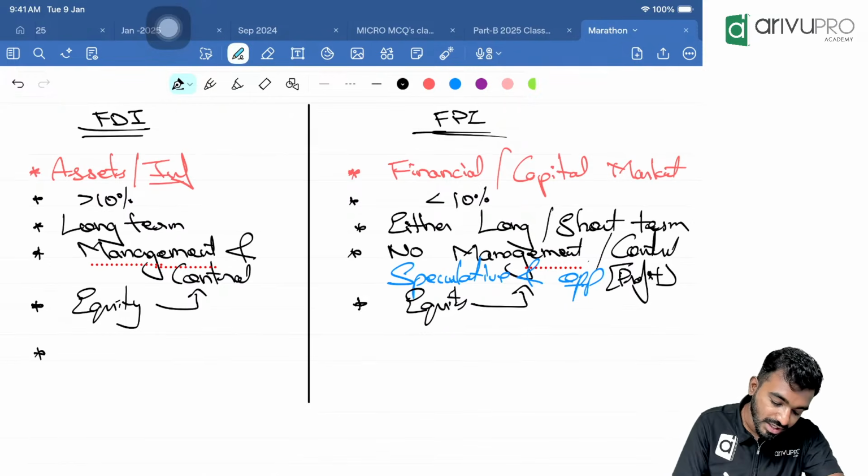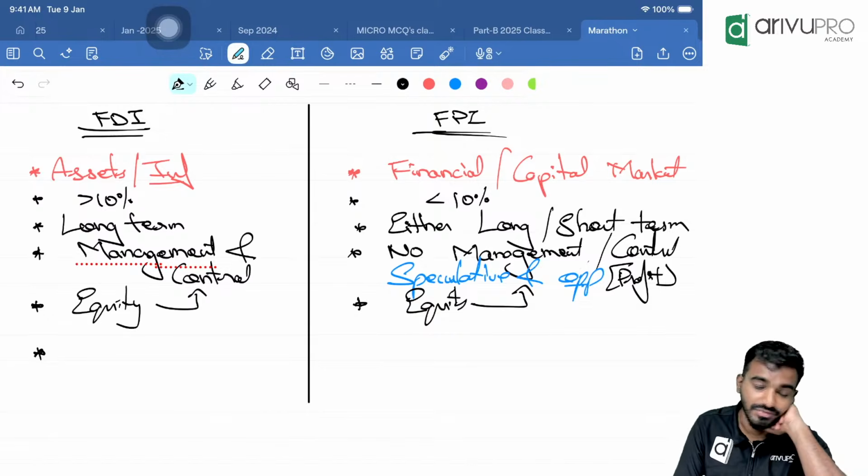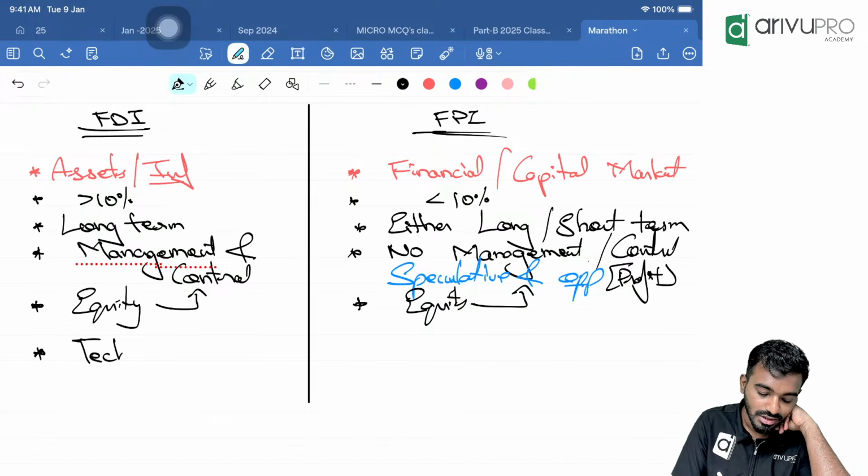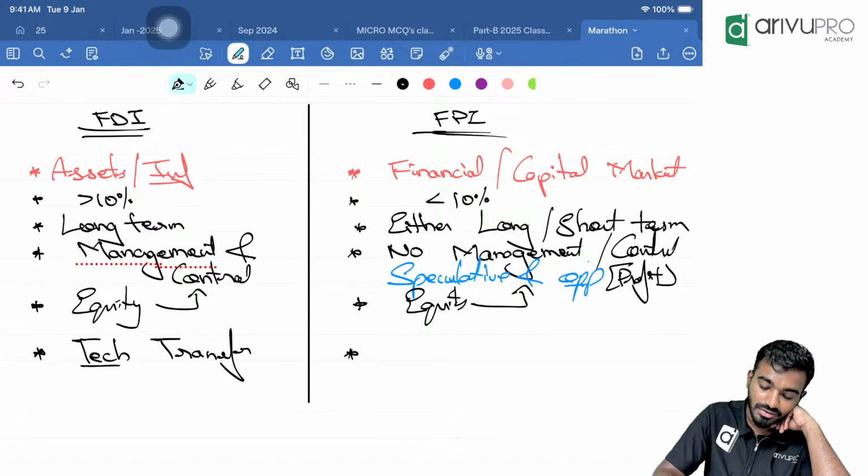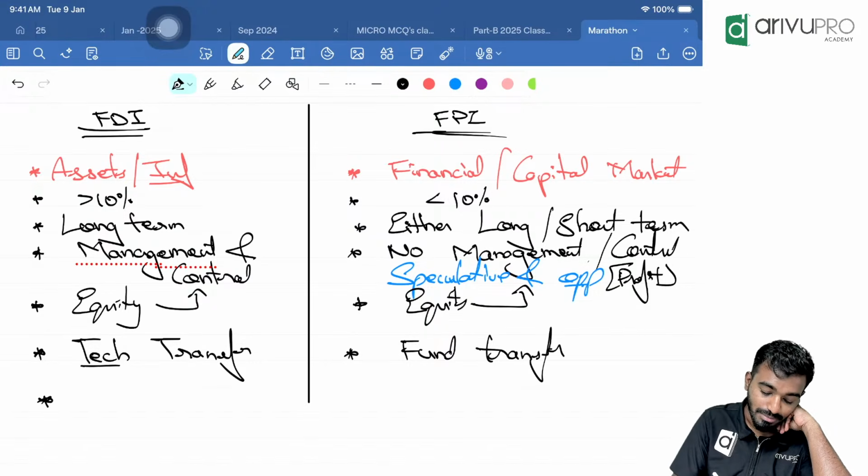In FDI, whenever a foreign company comes to India and invests, they bring technology, so there is technology transfer. But in FPI, it is just a fund transfer to the capital market or stock market, no technology. FDI impacts employment and the GDP of the country.